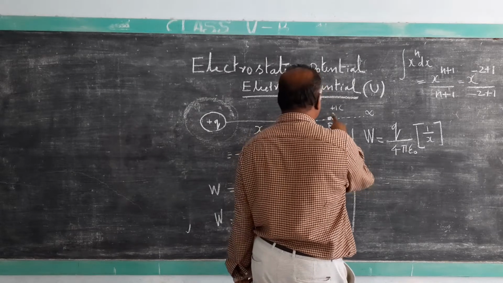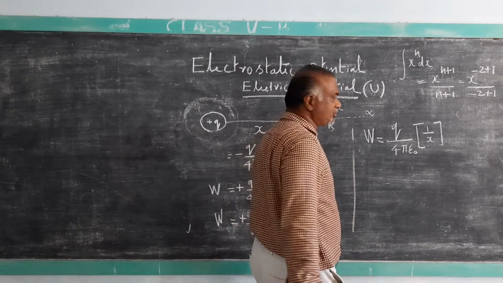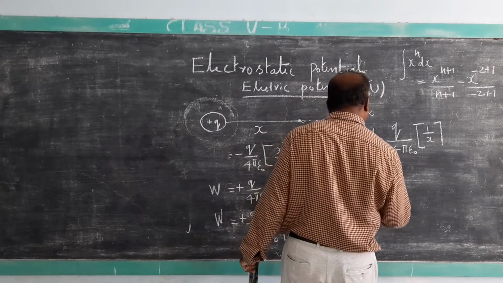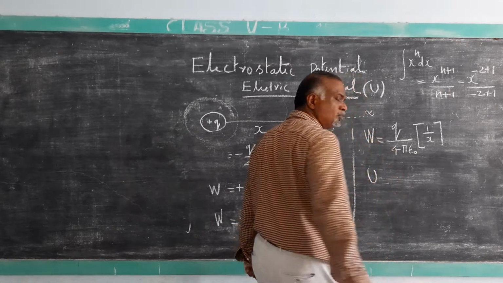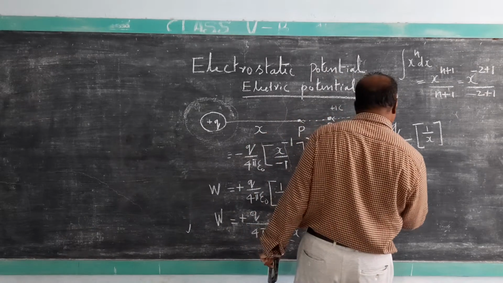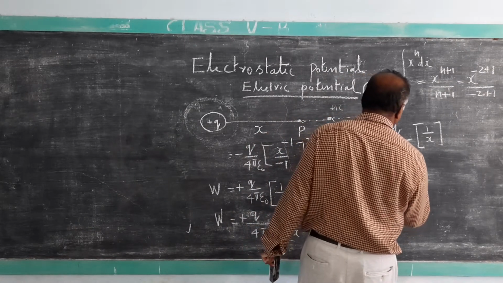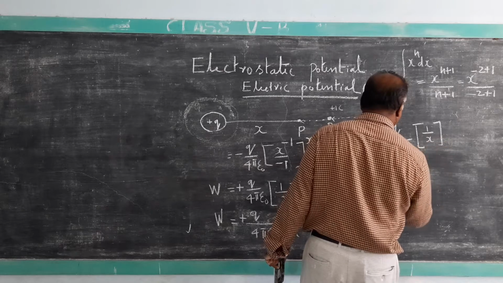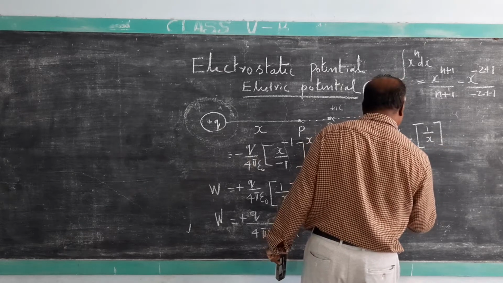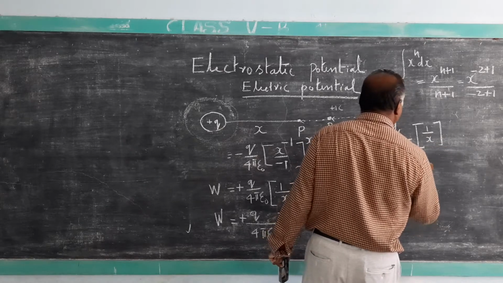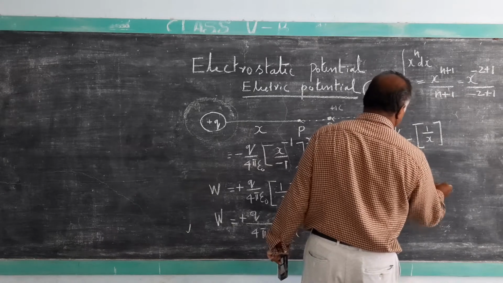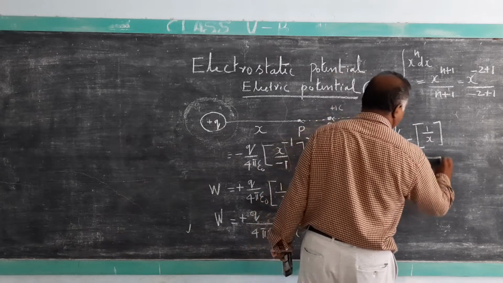Work done is stored as a potential at the unit positive charge. So for potential we use the symbol u. That is equal to q divided by 4 pi epsilon naught, 1 by x. So 1 by 4 pi epsilon naught, q divided by x. So this is the final conclusion.